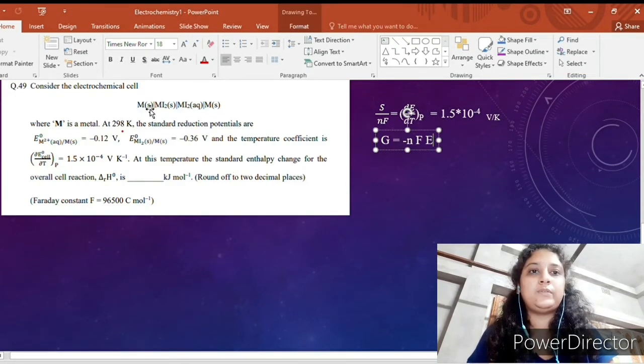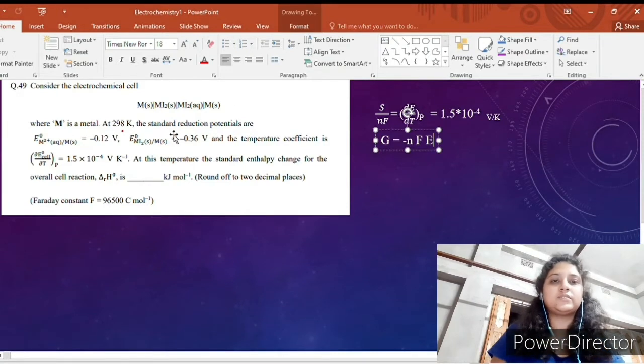In my previous video I mentioned the cell representation: the right side representation is for the cathode reaction, and the left side is for the anode reaction. For the cathode reaction, reduction takes place, and for the anode reaction, oxidation takes place.